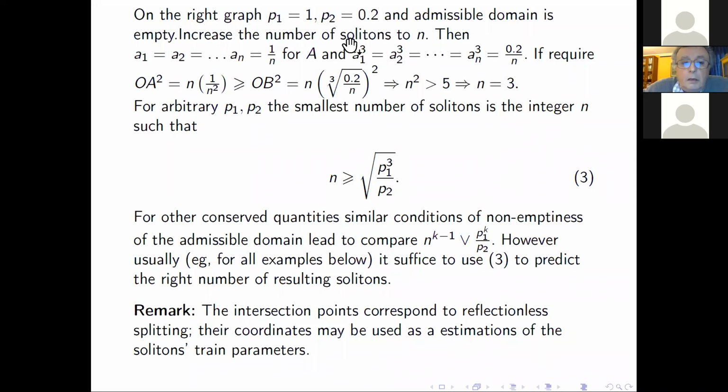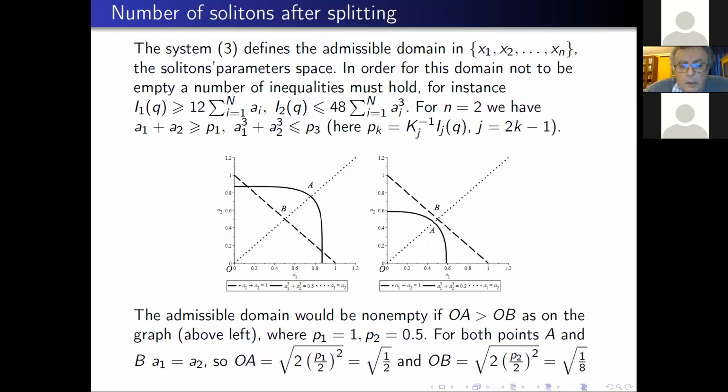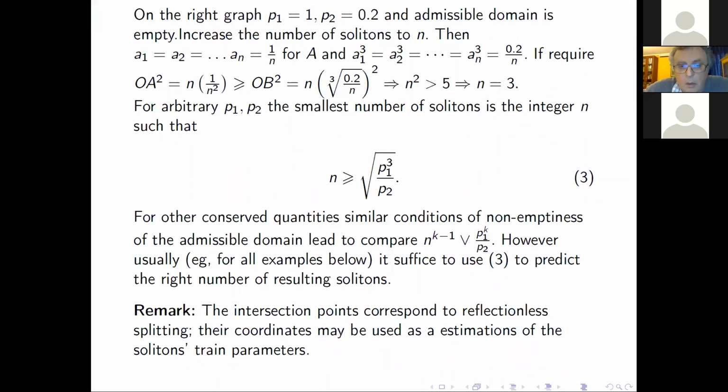Then, if we take n solitons, then the point B will have n coordinates all identical. And for the point A, also identical coordinates can be calculated.